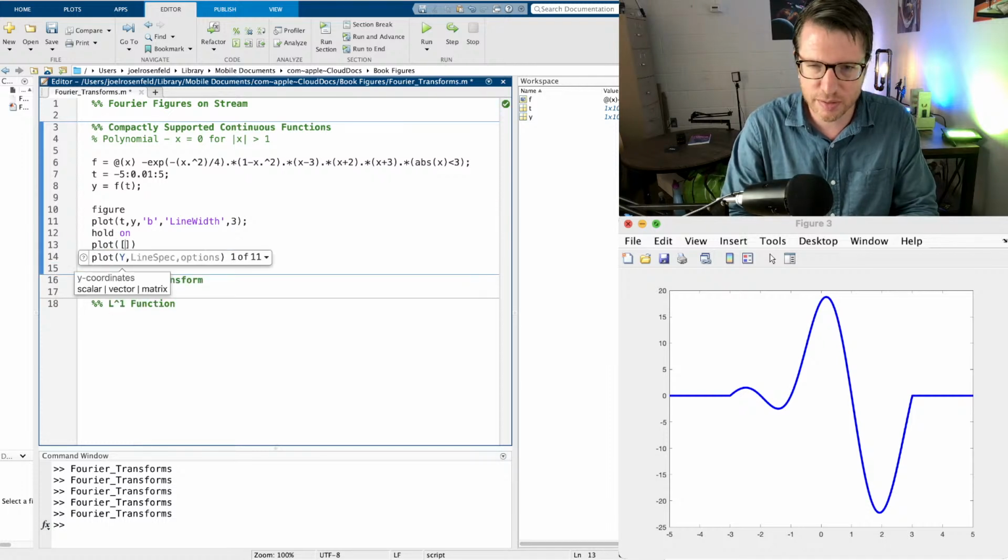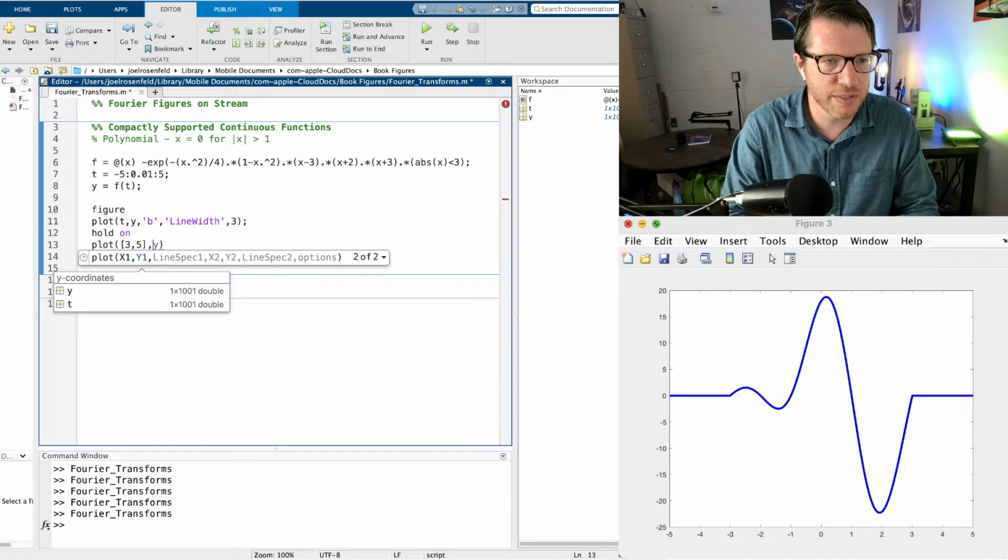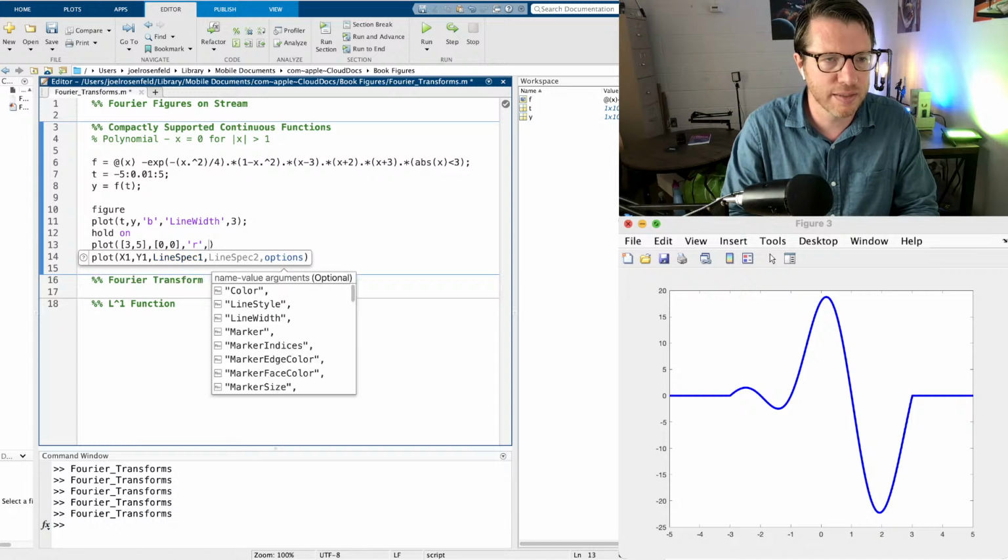We'll say going off to 5. So 3, 5, and we'll put 0, comma 0, and we'll say line. We'll make this red, and line width being 3 as well.